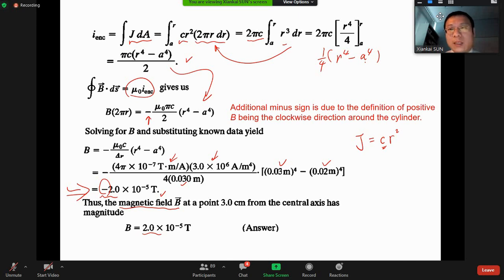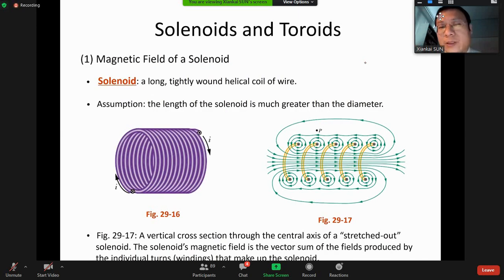Okay. If there's no more question, I'm going to move on to the next topic, solenoids and toroids. These are two specific configurations of magnetic components that you see very frequently. So what is a solenoid? A solenoid is a long, tightly wound helical coil of wire.